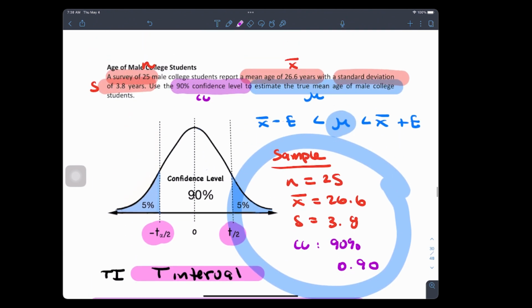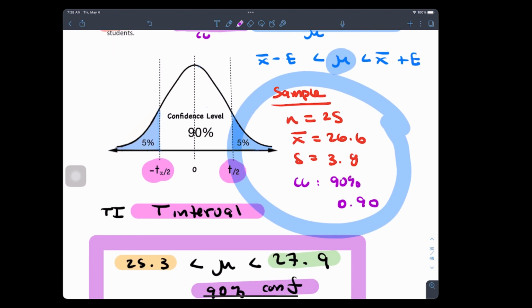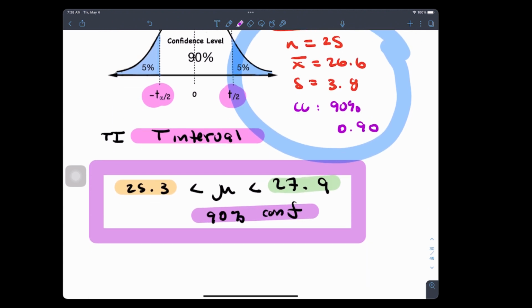So this is about the age of male college students. You can look at demographic information and say the true mean age of male college students is somewhere between 25.3 and 27.9. We can say this with 90% confidence. We might even want to compare the age of female college students and see who's older, who's younger, what's going on there.